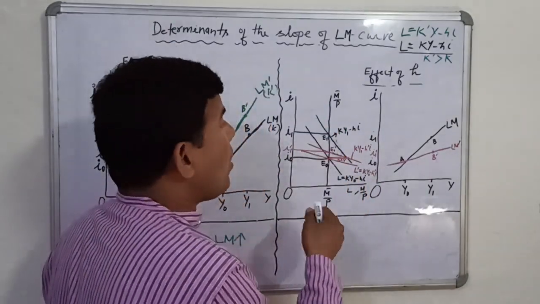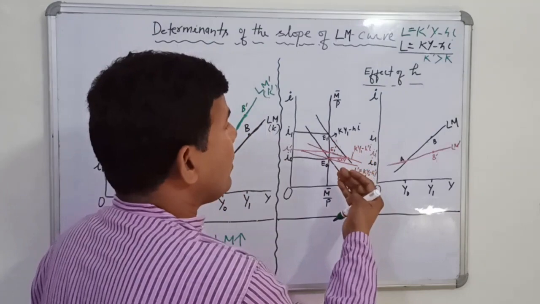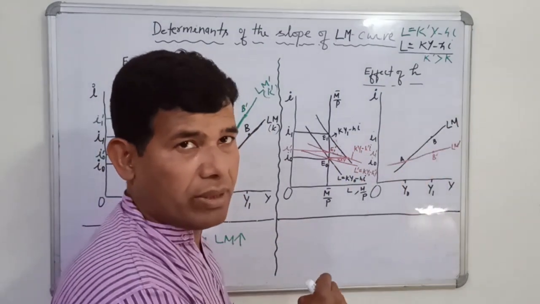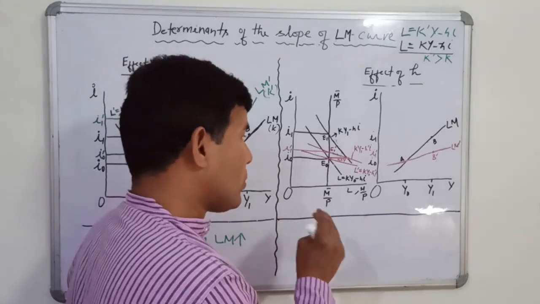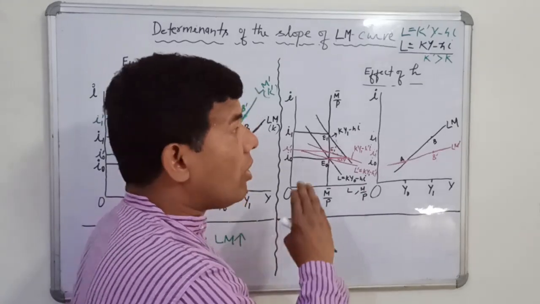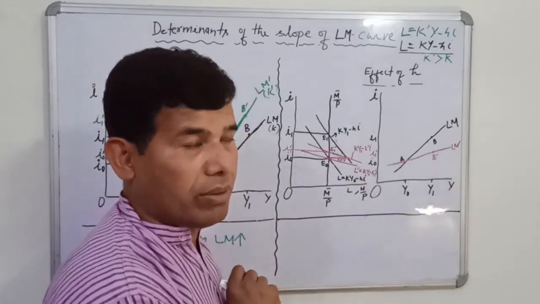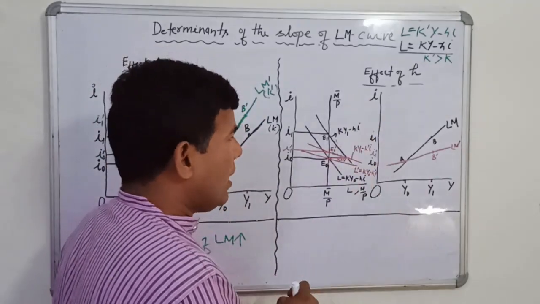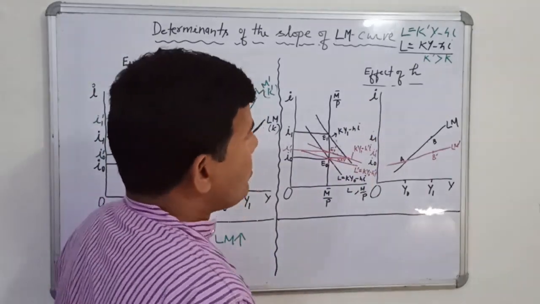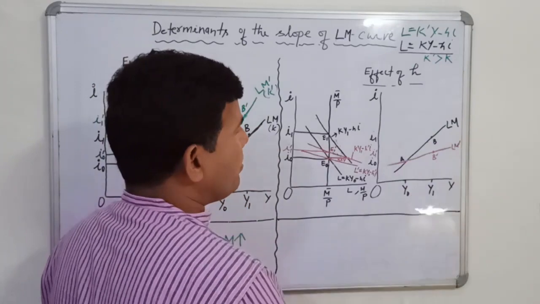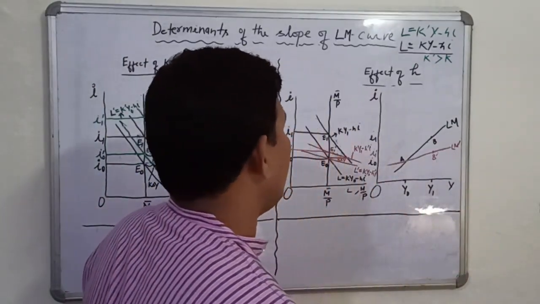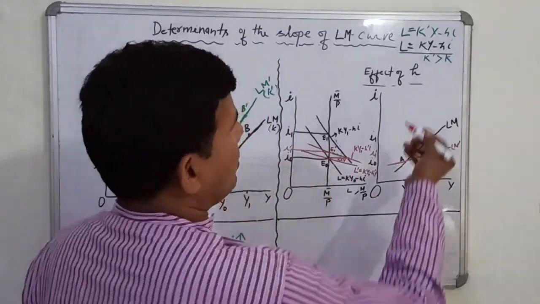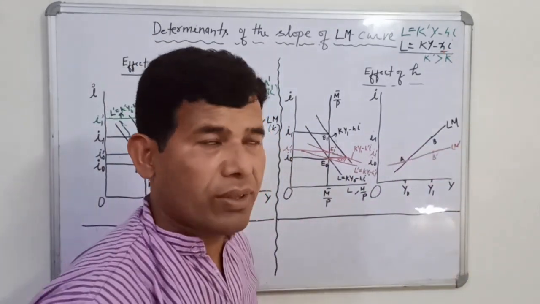Anyway, now how does the slope of the money demand line affect the slope of the LM curve? In other words, how does the value of H, which determines the slope of the money demand line, affect the slope of the LM curve? That is what we are going to study here. Again, first we derive the LM curve corresponding to this value of H, right?